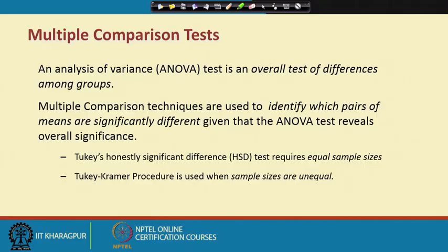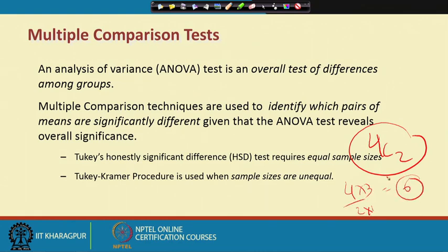Since here there are 4 samples, the pairwise comparison cases will be 4C2, right. That is 4 into 3 by 2 into 1, so technically 6 different cases you can find, and then you check which two pairs are significantly different.